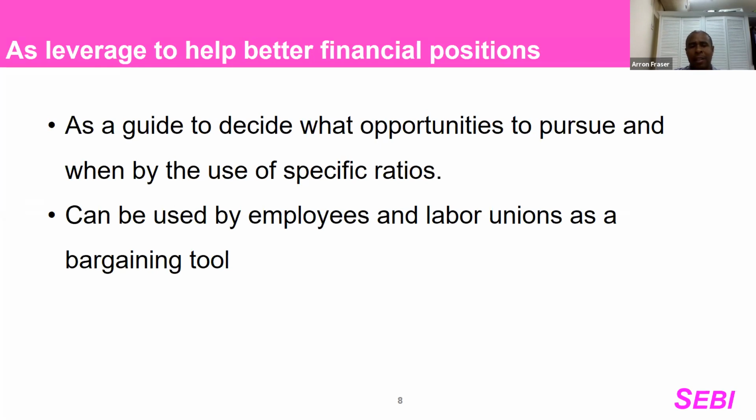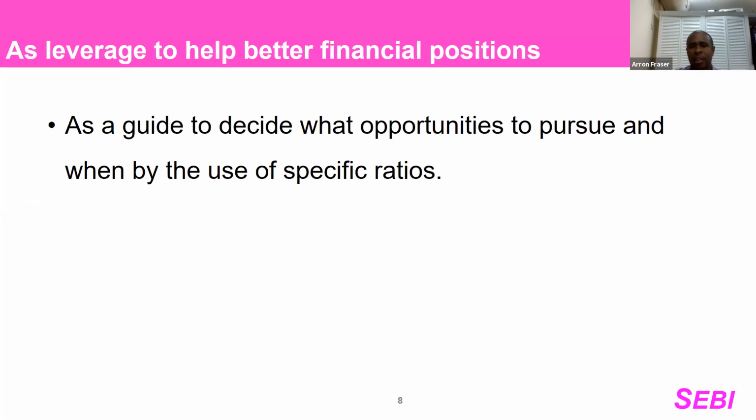So bringing you back to the example of the managers approaching higher management, or higher management approaching the board. When they would have done their business plan for an opportunity, and they would have done their draft financials, and prepared their ratio analysis, they can use those ratios, if they're favorable, to better argue their positions on why the opportunities should be pursued.